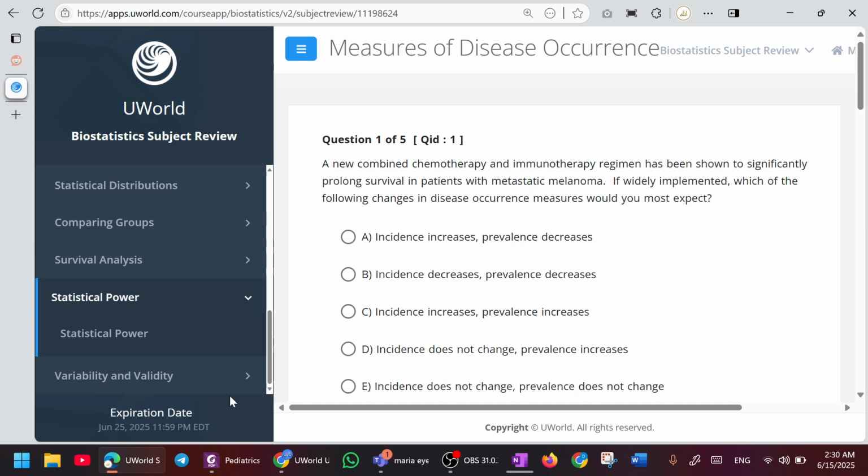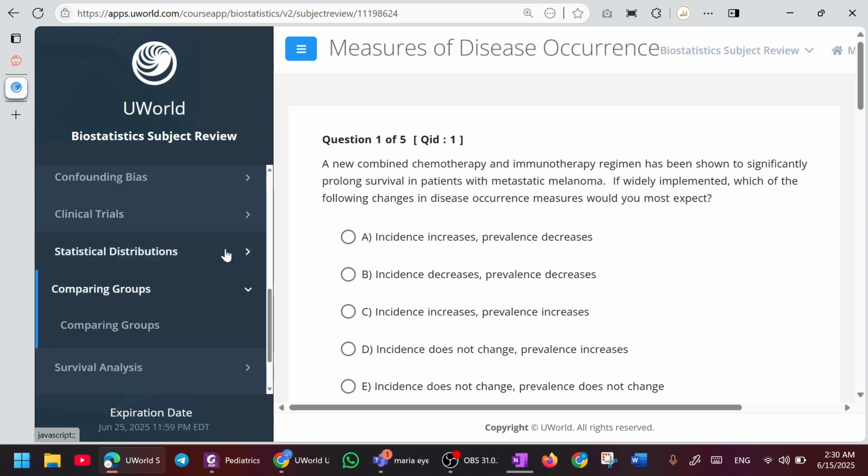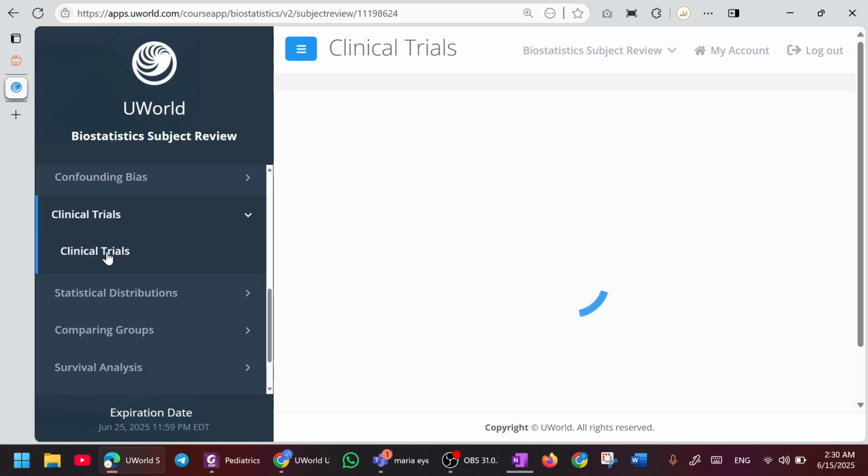So, today's topic. We already did clinical trials, I think. I forgot. Let me see. So now statistical distribution. Did we do clinical trials? I don't think so. Okay, then we do clinical trials.